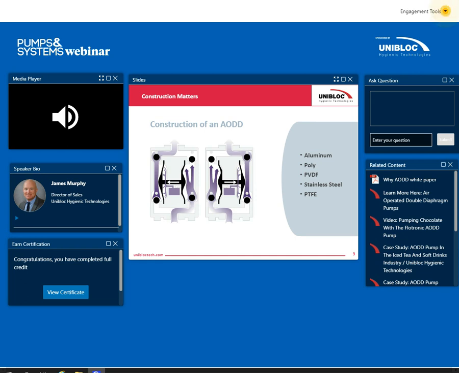So as the left diaphragm shifts to the left, you can see the product is actually vacuuming in, or pulling in, on the right. And then as it shifts right, it's positively displacing that product up. And then now it's vacuuming in the product on the left side. And this process just continues over and over.